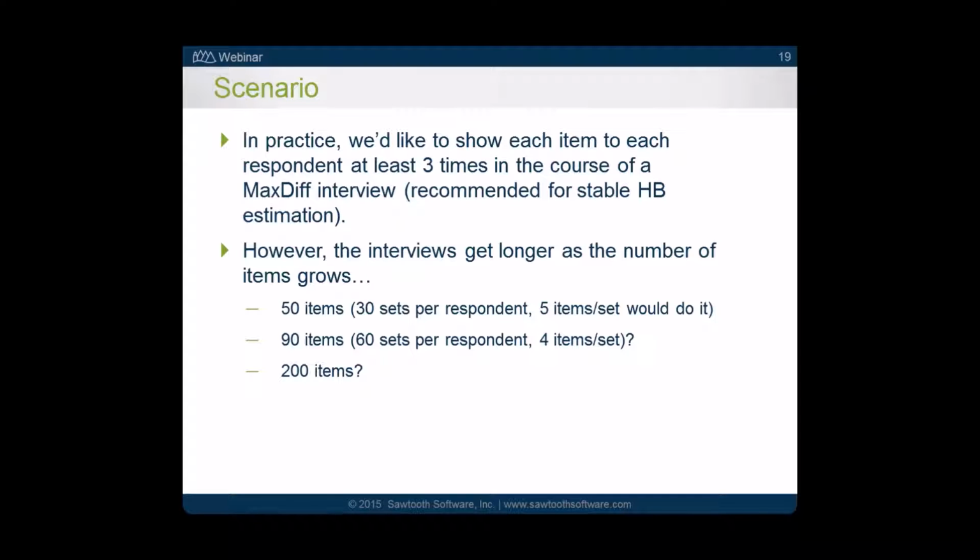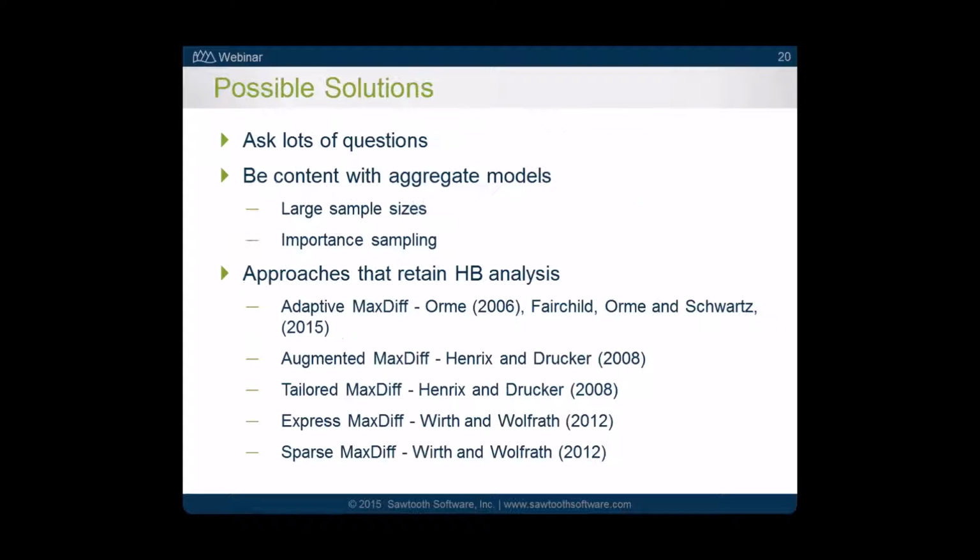So obviously that's a bit of a problem, because I haven't found the upper limit of what my clients are willing to ask for, and so it would be neat to have a solution for this. So here's some possible solutions, and a few of these we'll talk about in more depth. We could just ask more questions, right?